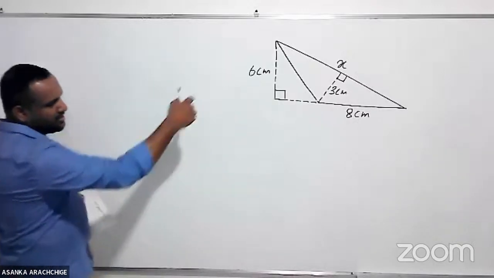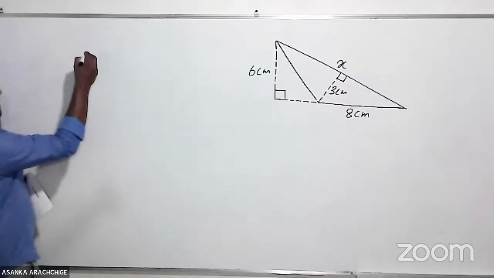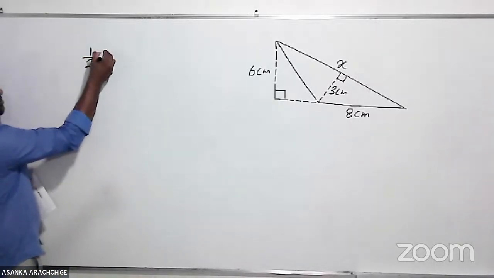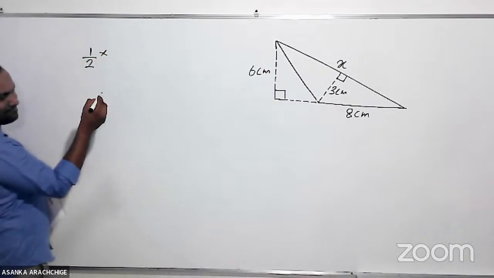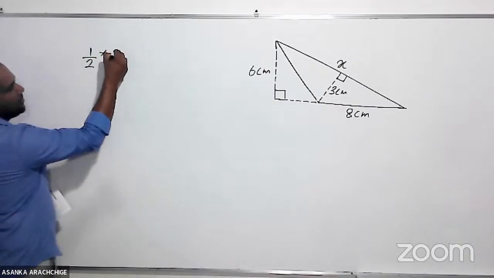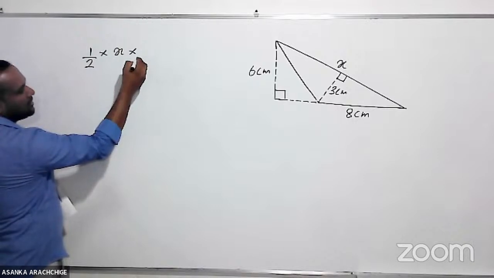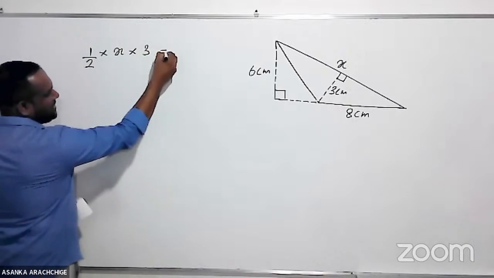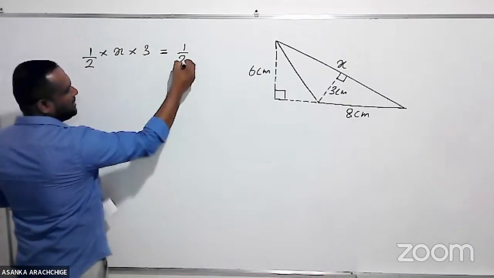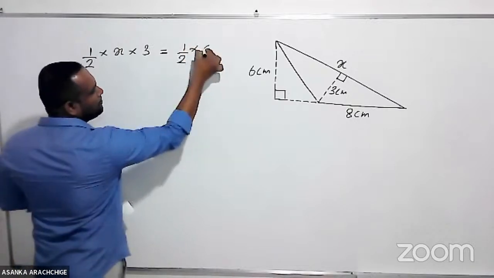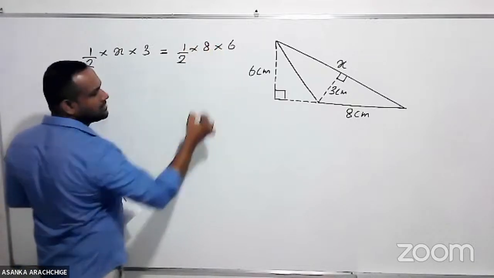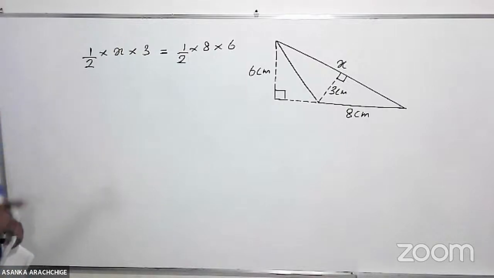What is it in terms of x? Half into x into 3. The same area can be obtained by half into 8 into 6. Clear? Is that clear? Boys.